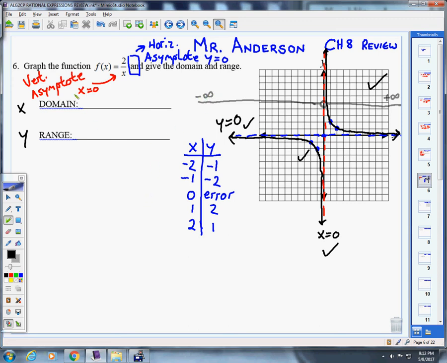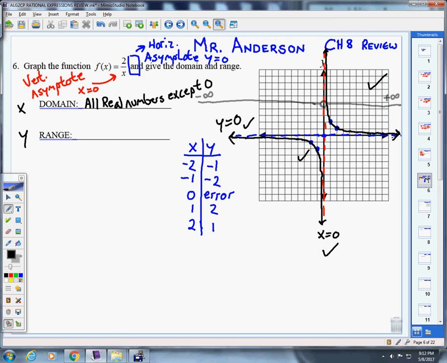There are a couple of different ways we could write this, but we'll say these values are all real numbers except 0. That's where that hole is, right where that vertical asymptote is, except 0.